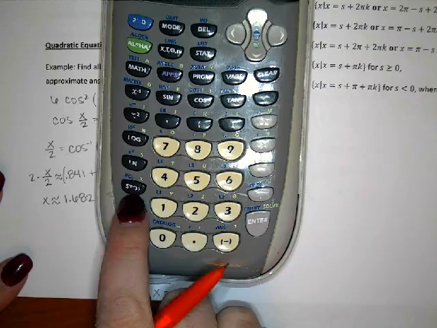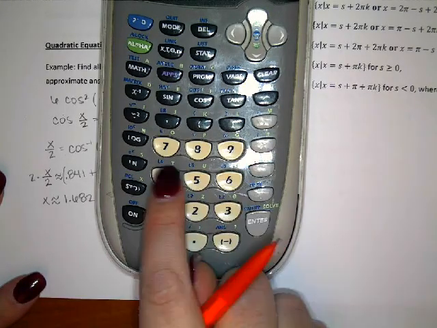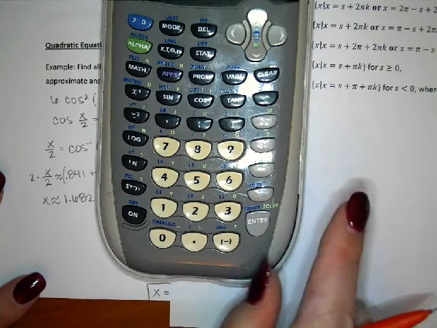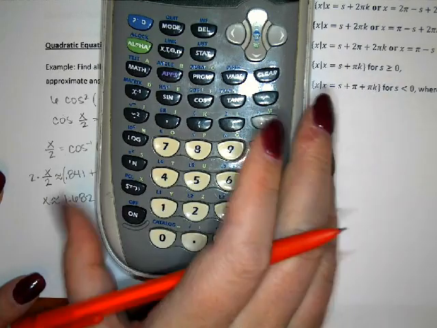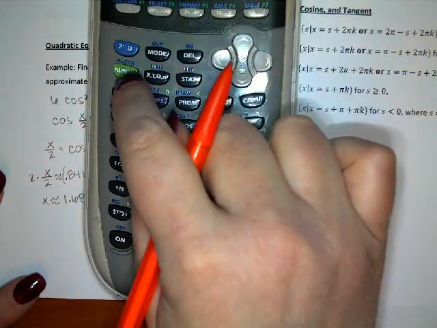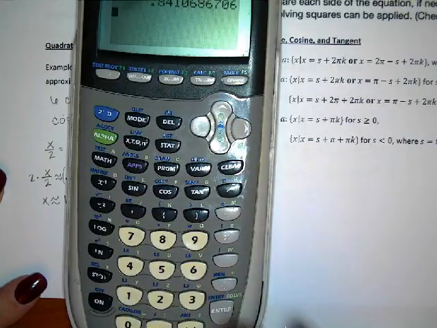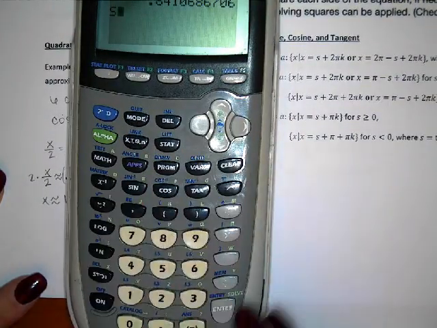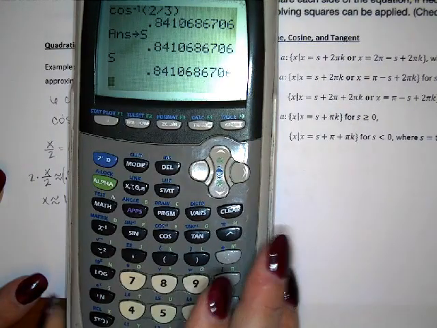And then you can choose any of these letters that are in green. Choose any letter to store it as, and I stored it as S because that's what it is called on our little formula sheet over here. And so I did alpha, and then I hit the ln button because that's where the S is. And so now if I hit alpha ln, if I type in an S, it's just going to spit out that decimal for me. Okay, so there's my first set of answers.